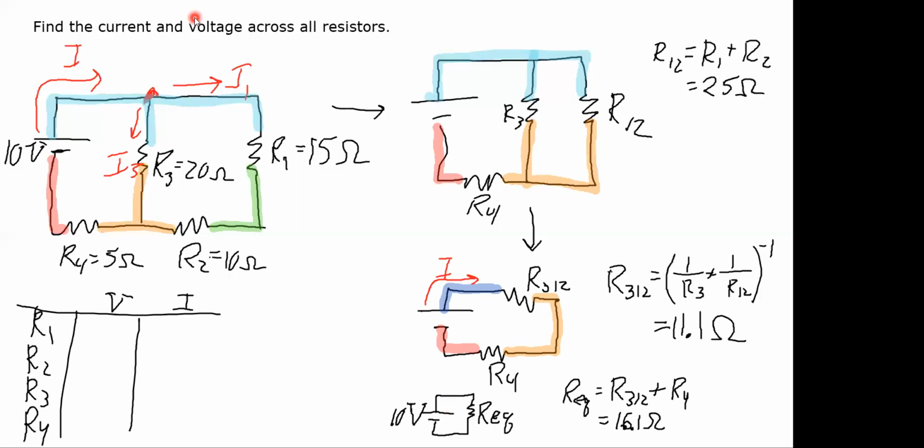It's the same I as the picture on top. If I have the voltage and the resistance, finding I is just a matter of using Ohm's law. So I, do it a little bit neater.